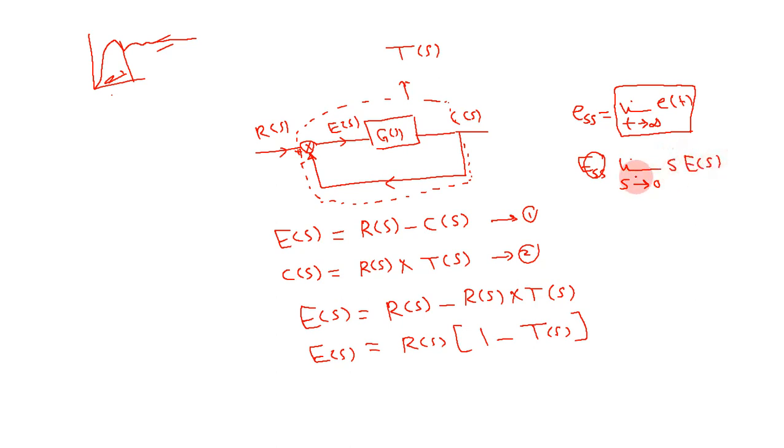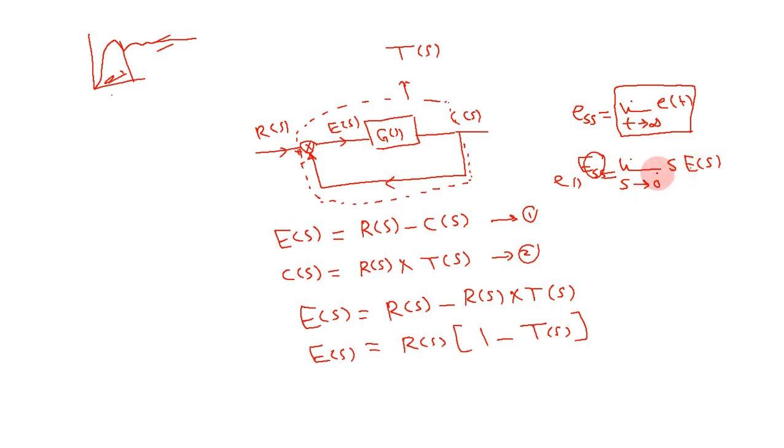So if you go back to the table, you will find this is the relation for the steady state error. The Laplace inverse of this function, the limit of e(t) as time goes to infinity, gives the limit as s goes to 0 of sE(s).